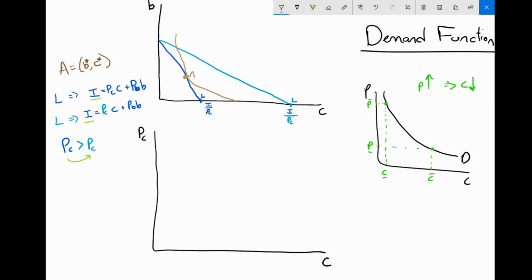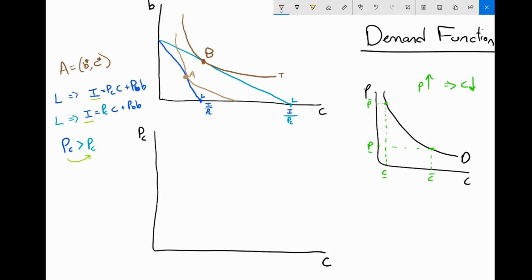All right, so this is point A. So what's going to happen here is that now that the price of coffee went down, the budget line shifts out, and now they're able to afford a bundle on a higher indifference curve, which I'm going to represent with this dark B.